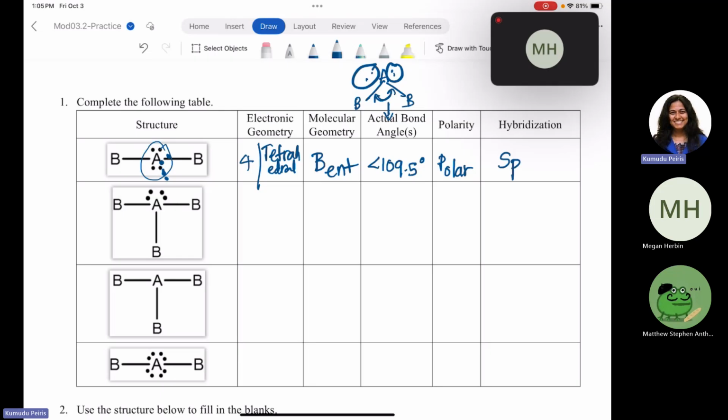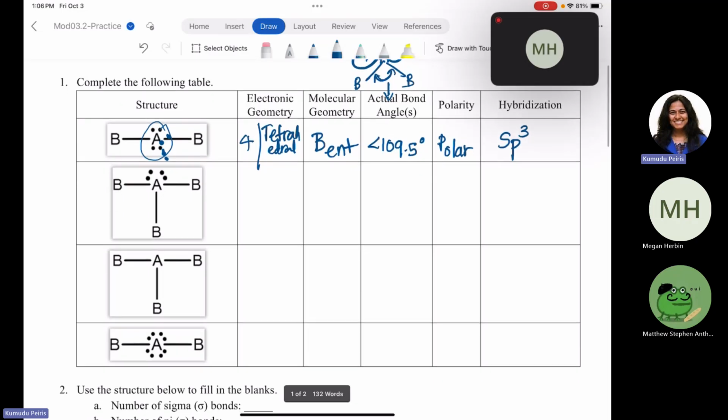Four hybridized orbitals means sp3 hybridization. What are the four? One s orbital and three p orbitals, so the total is four. So you count the lone pairs and the sigma bonds, and depending on that, you decide the hybridization.